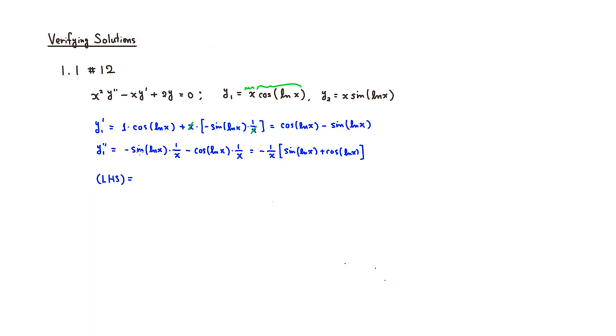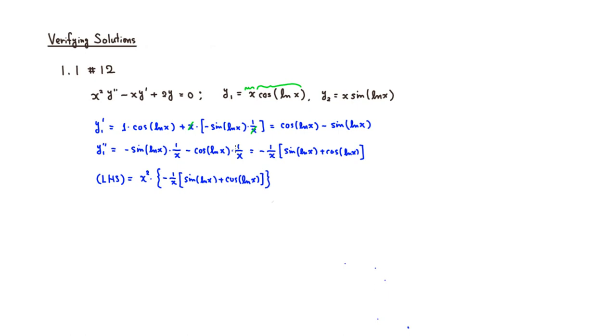The second derivative came out to be negative 1 over x times sine of natural log of x plus cosine of natural log of x. That's the first term.